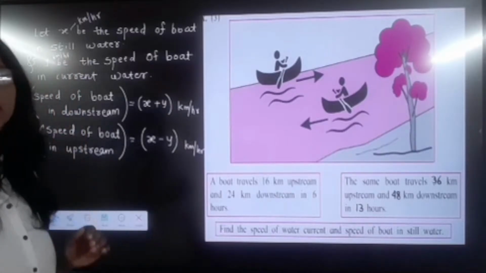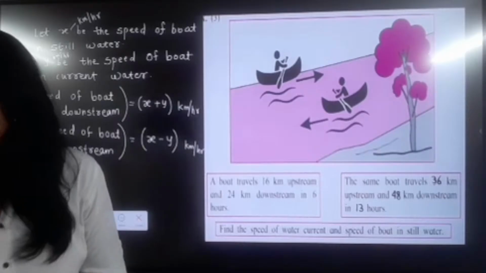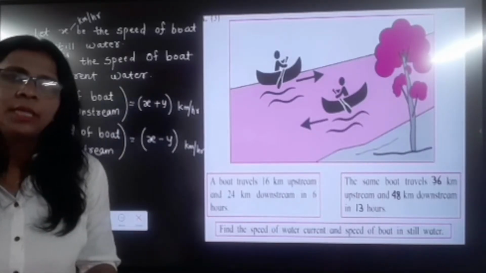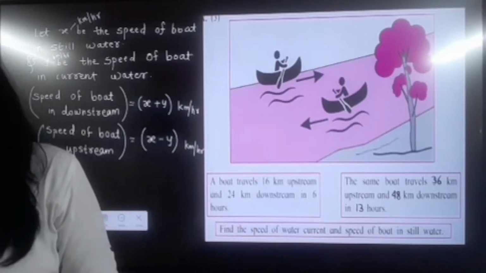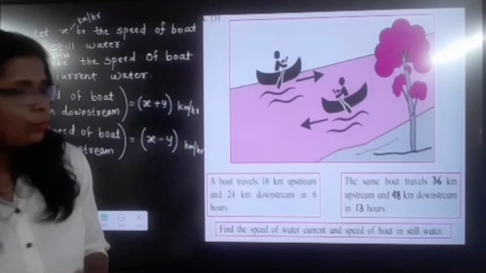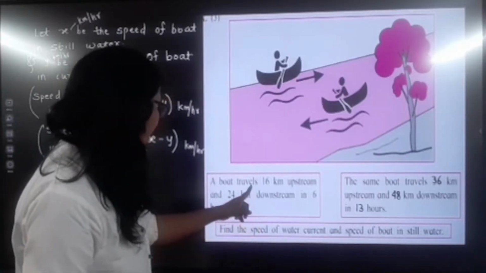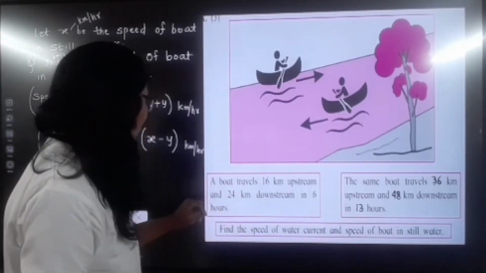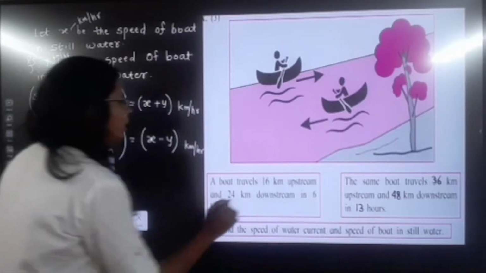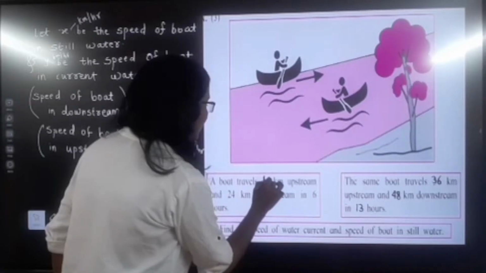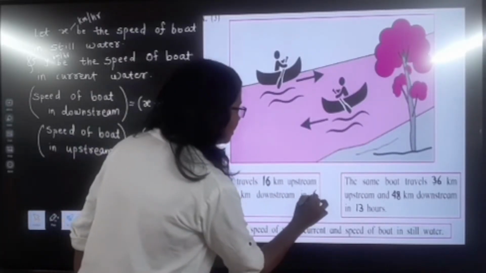Okay students, yes. Now here is the time the boat takes to travel upstream 16 kilometer and downstream 24 kilometer in 6 hours.